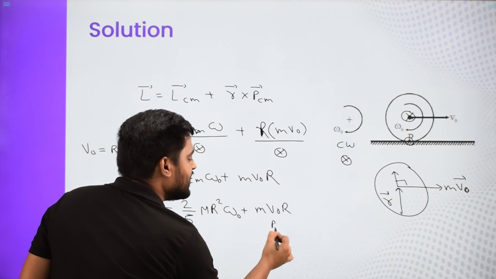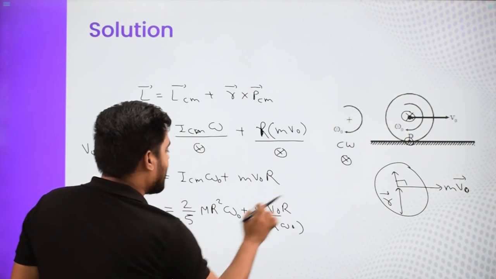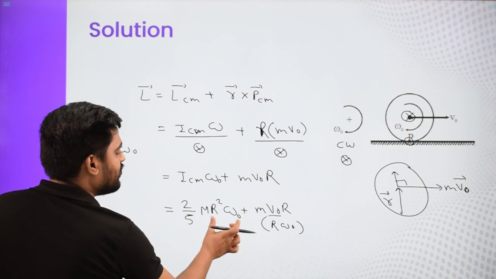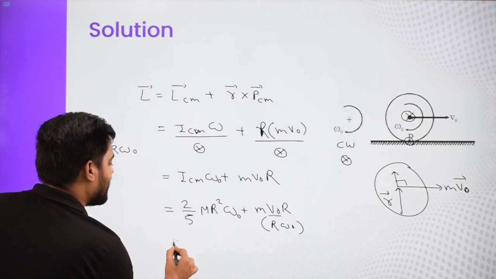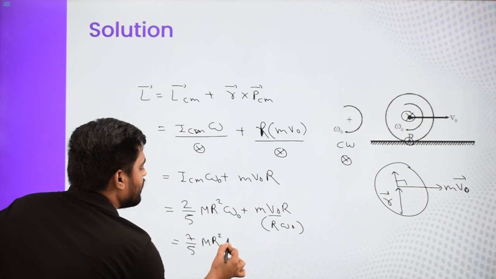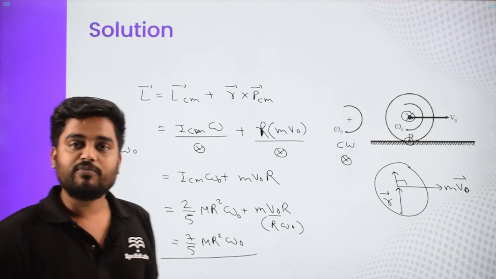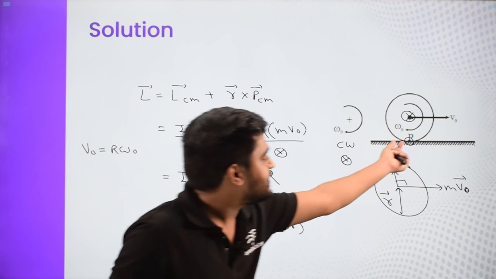When we write r omega naught instead of v naught, we get m omega naught r square, which is m r square omega naught. So this is 1 plus 2 by 5, that is 7 by 5 m r square omega naught. This is my angular momentum about this point of contact.